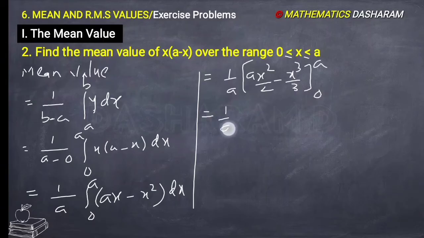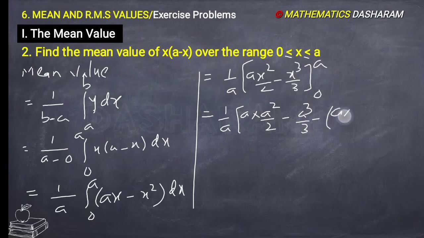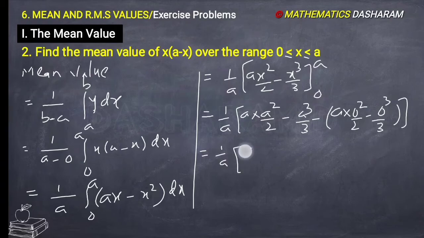So it is equal to 1 by a. Substitute the upper limit a into a square by 2 minus a cube by 3, minus next the lower limit a into 0 square by 2 minus 0 cube by 3. So it is equal to 1 by a into a cube by 2 minus a cube by 3 minus, here total 0.